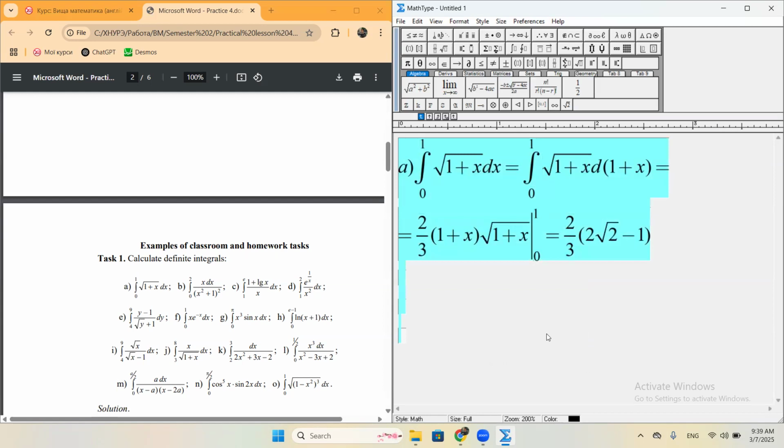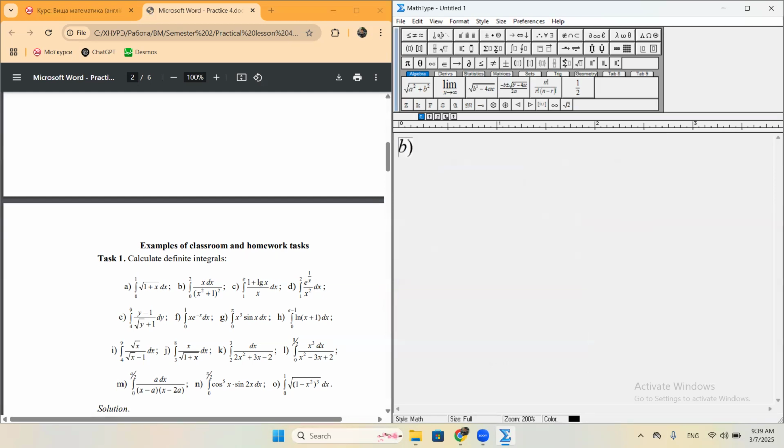Okay, if no questions, let's move to part B. Integral from 0 to 2 of x divided by x squared plus 1, and this expression is also to the power of 2.